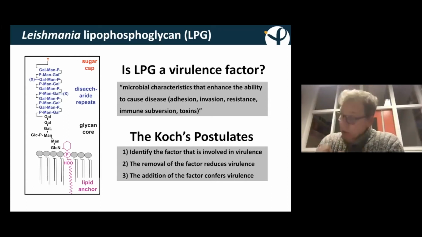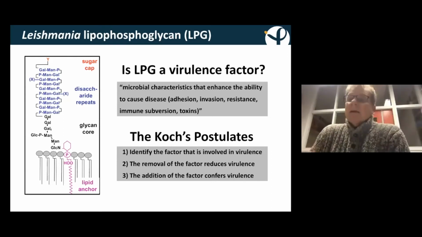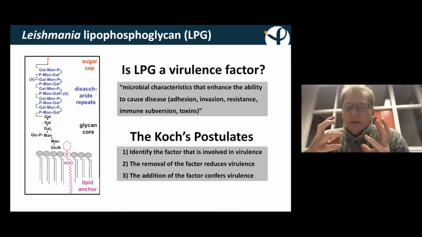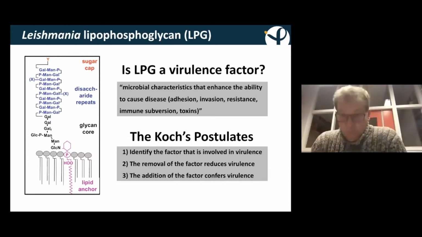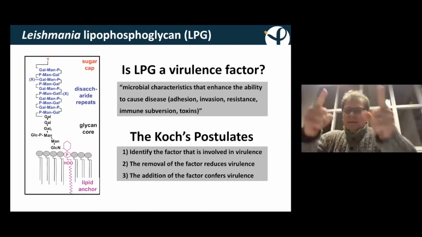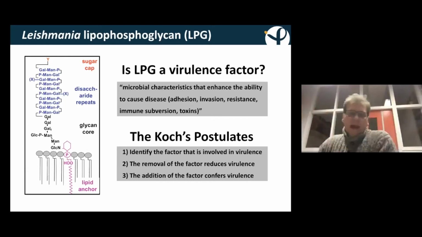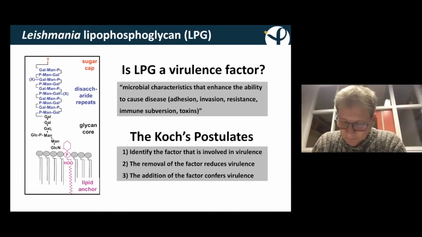But then the most important step is that you take the microbe without the factor and you add the factor back, and the microbe with the factor added back should be, again, disease causing. So this is really: find it, remove it, and add it back. And if this correlates with infectivity, you have validated that it's a virulence factor.